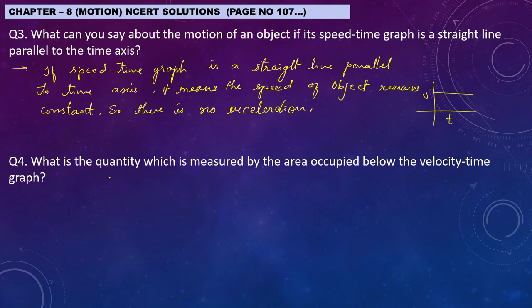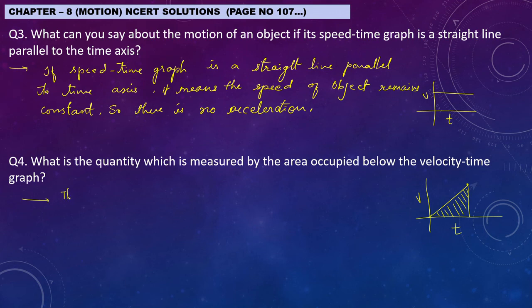The last one, what is the quantity which is measured by the area occupied below the velocity time graph? We have this velocity time graph, and if we want to find out what is the quantity under this curve, it always gives you the distance traveled by that object, correct?